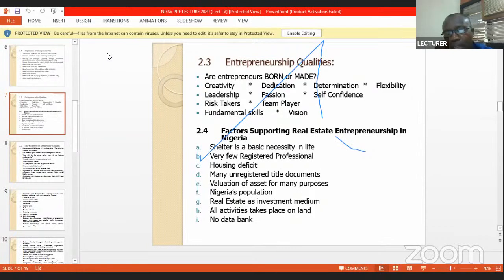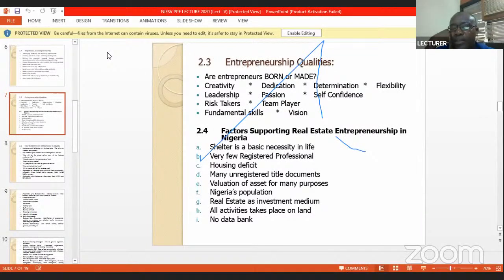Not to talk of housing quality. So because the housing deficit is on the high side, it creates a lot of opportunity for our people to fill the gap in housing.